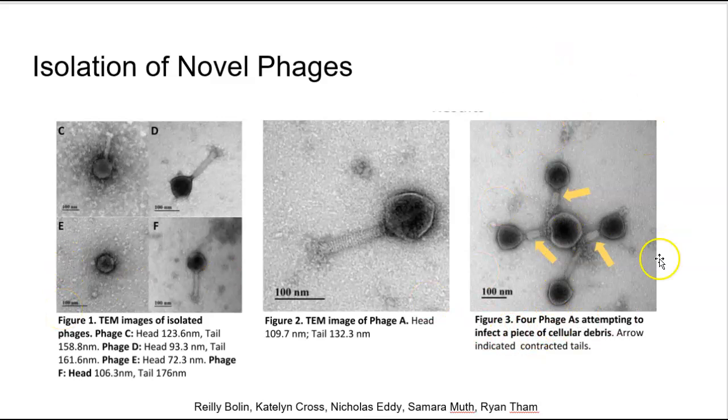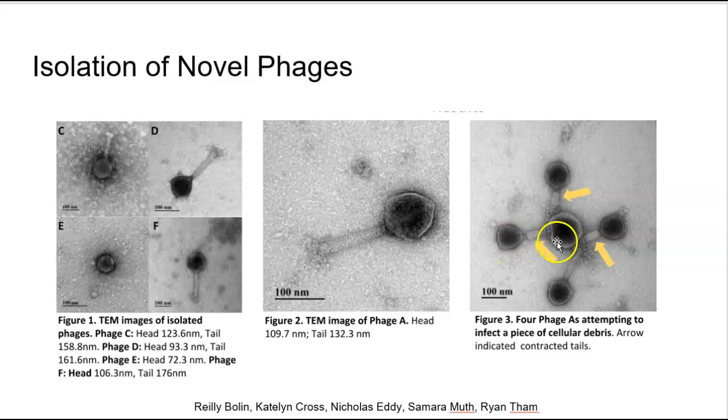This is a really cool image here that one of the students took. In the center, you have just a bit of flotsam, just debris. This is a piece of a cell. And these phages have made a mistake, and they think that this piece of a cell is actually a bacterial cell, and they've tried to inject their DNA into it. And so you can see this one still has a long tail.